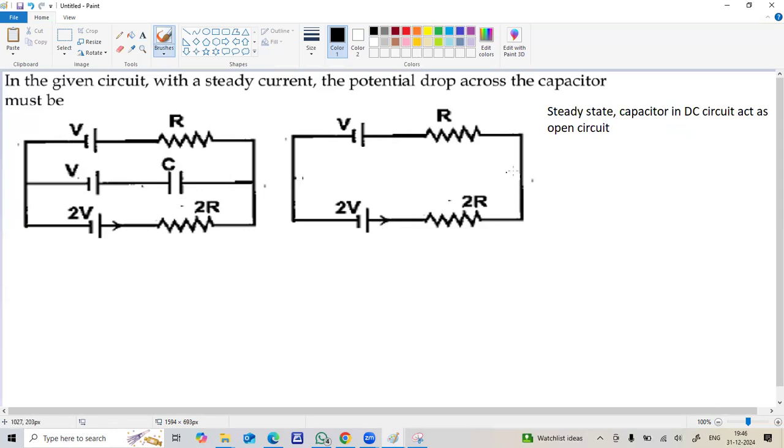So this current will flow to complete its path. We'll mark the current as I. You can find the current using Kirchhoff's rules. Rule number 2: the total potential difference over a closed loop is equal to 0, which includes the cell and the resistor.